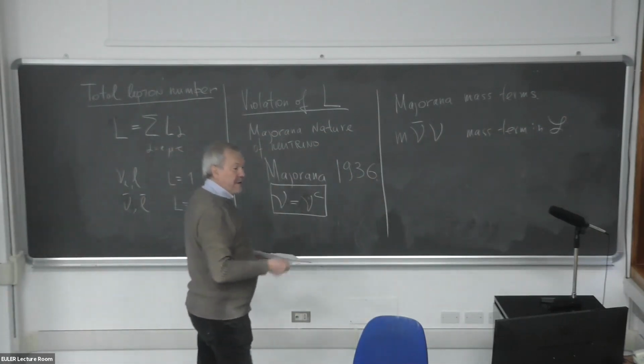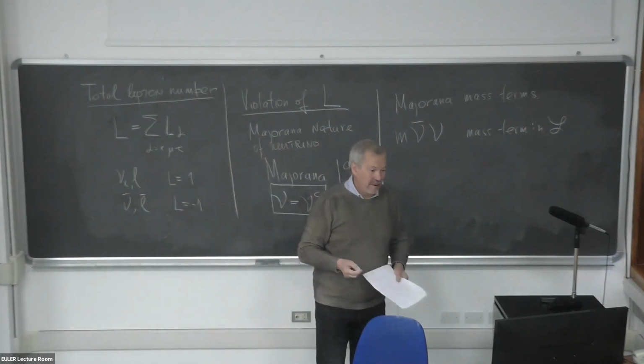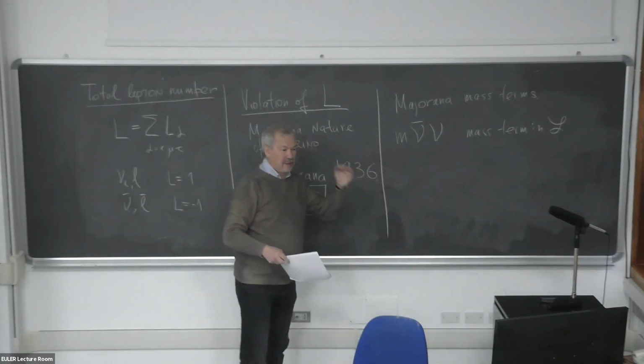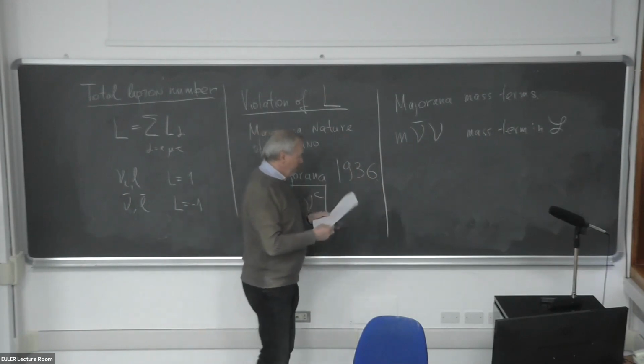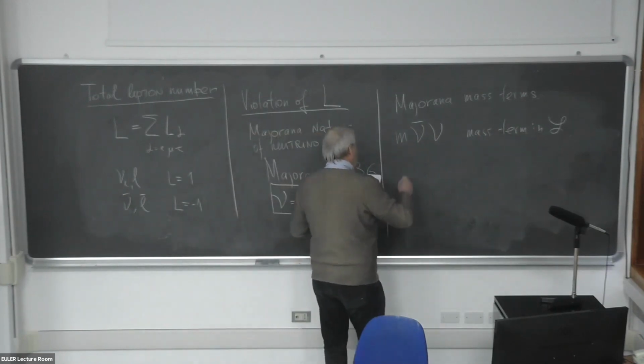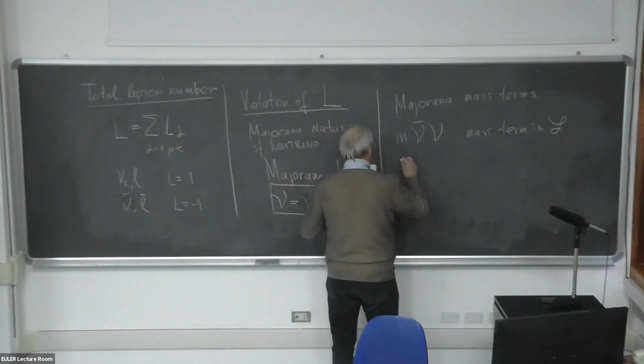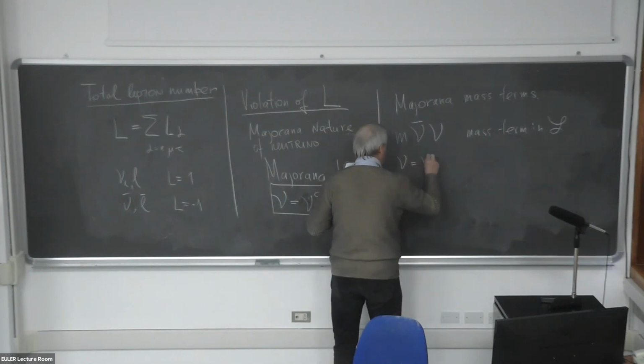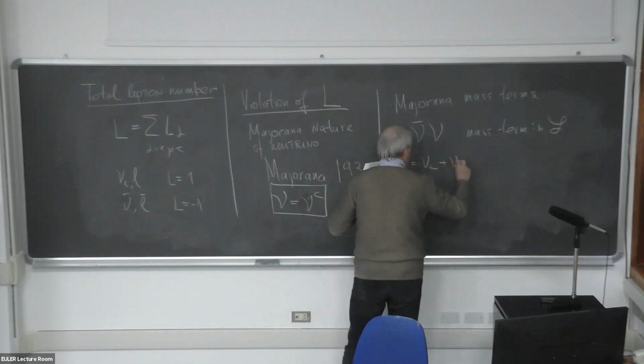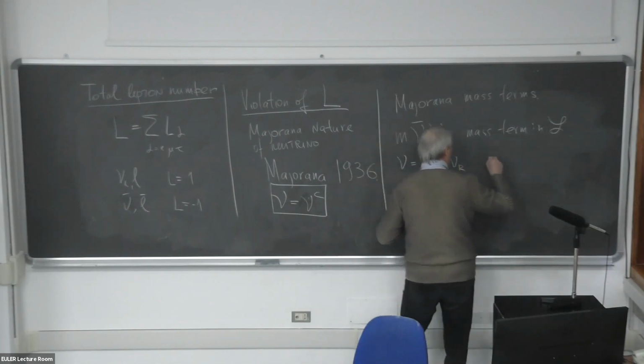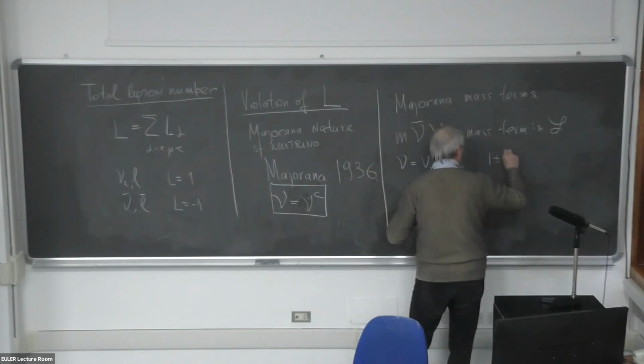For a bosonic field, we have m squared phi squared, right? And for fermions, we have this. Now, we can decompose, as we did before, nu into nu left and nu right components using the projection operator (1 plus minus gamma 5) over 2.